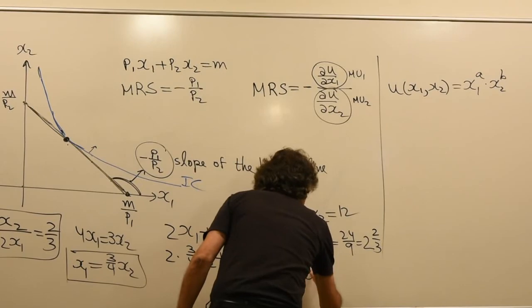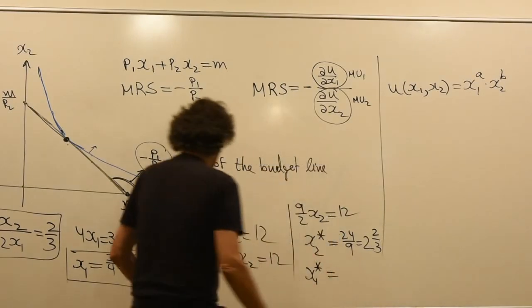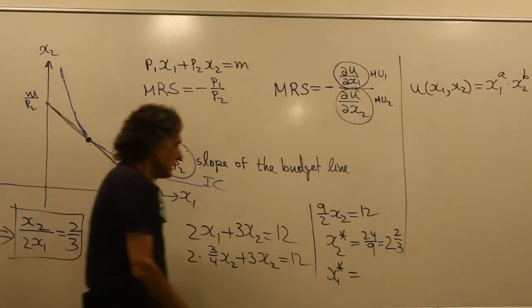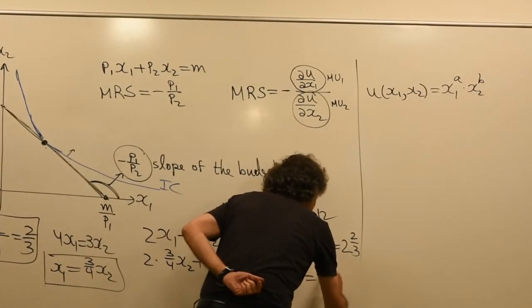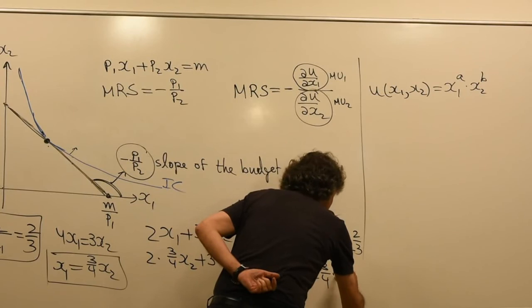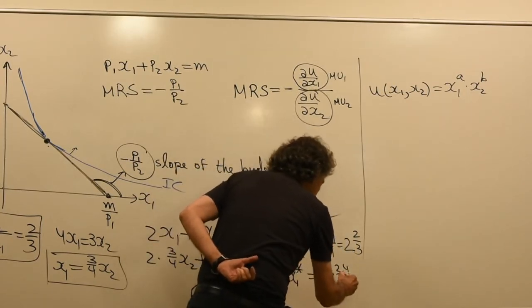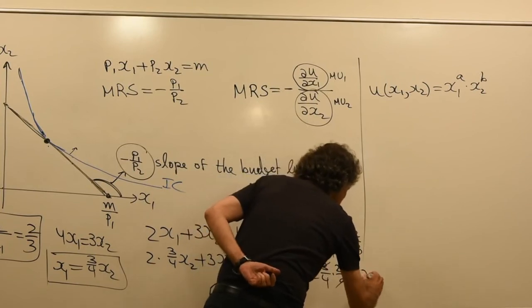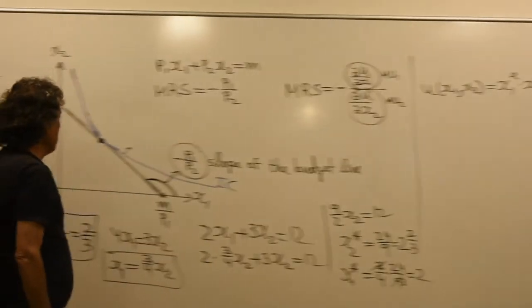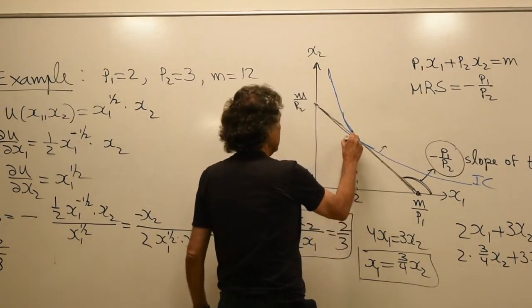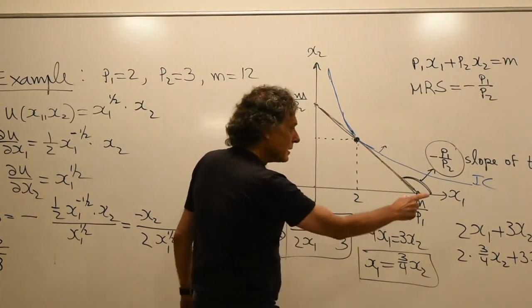So what is x1 star? x1 star is 3/4 of that. So it is 3/4 of 24 over 9. So this and this cancel. I have here 12, this is 2. So the bundle, this is 2, and this is 2 and 2/3.